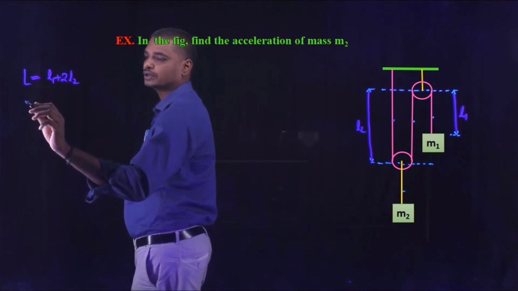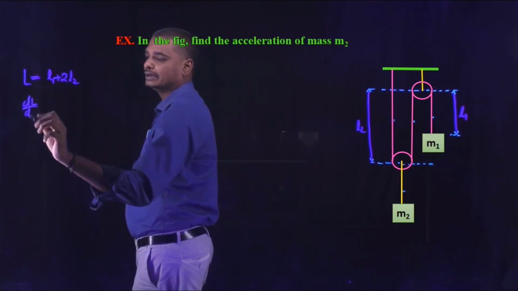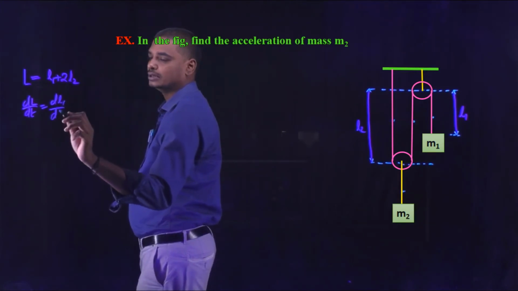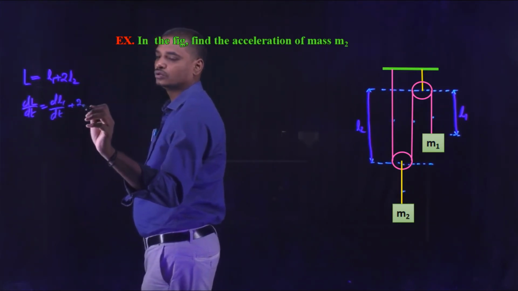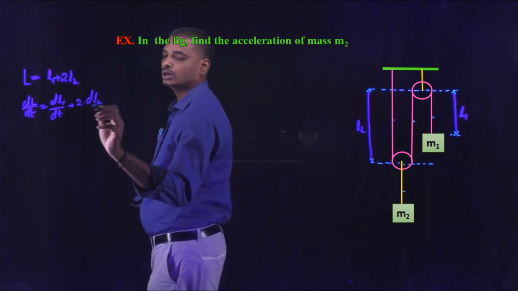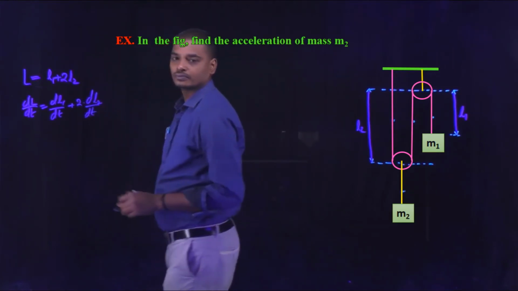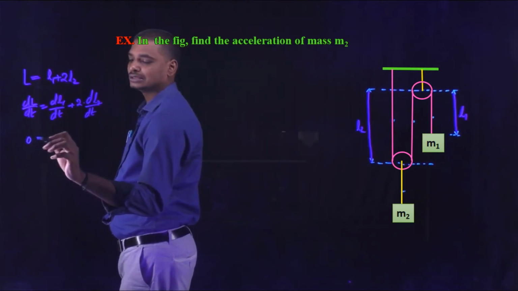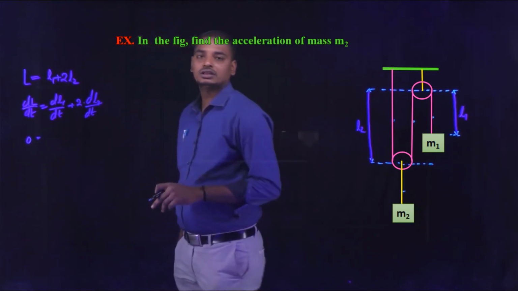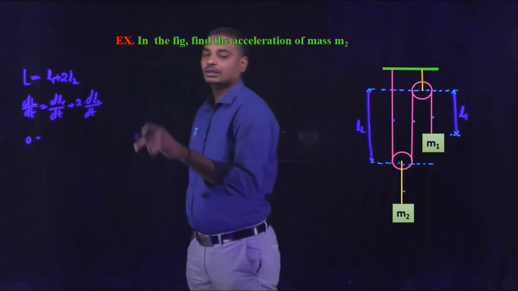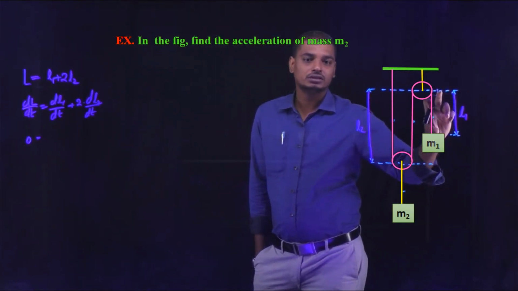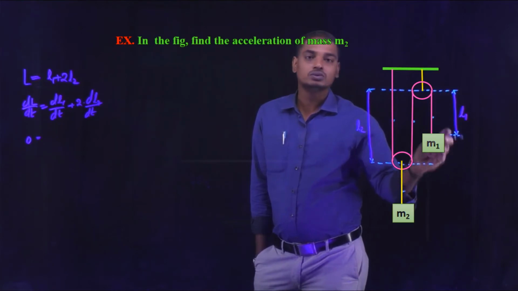Differentiating with respect to time, dL by dt is equal to dL1 by dt plus 2 into dL2 by dt. Okay, dL by dt is nothing but 0, as the total length of the string does not change with respect to time. dL1 by dt, this is the length L1 of the string.